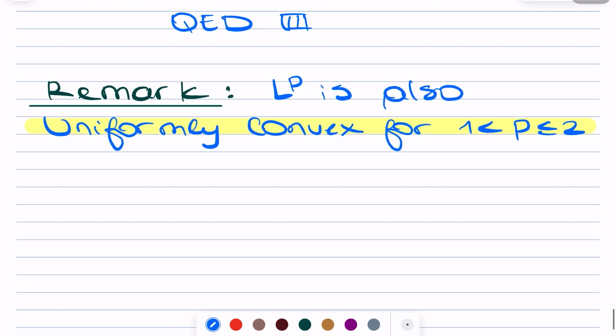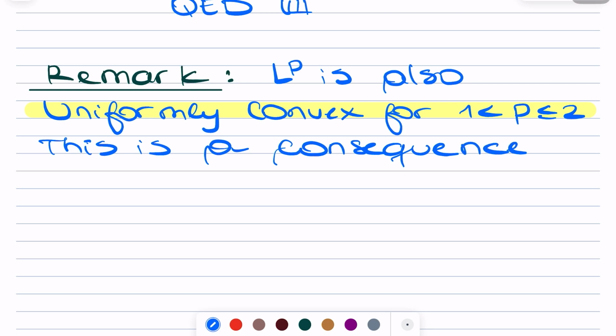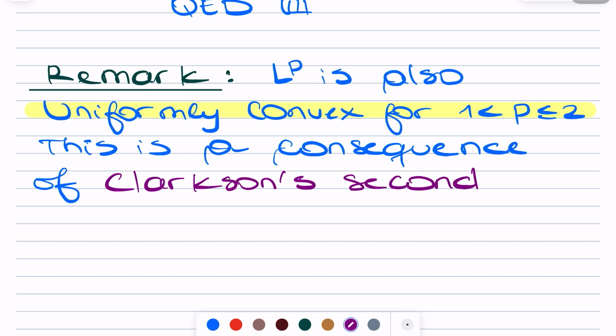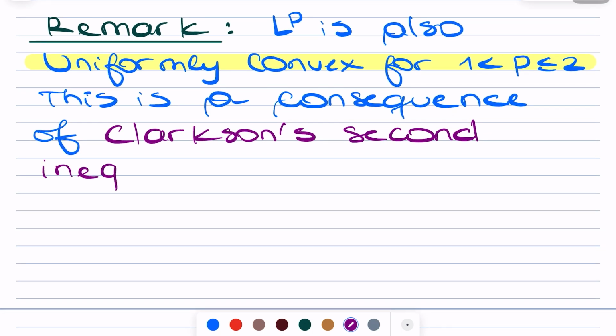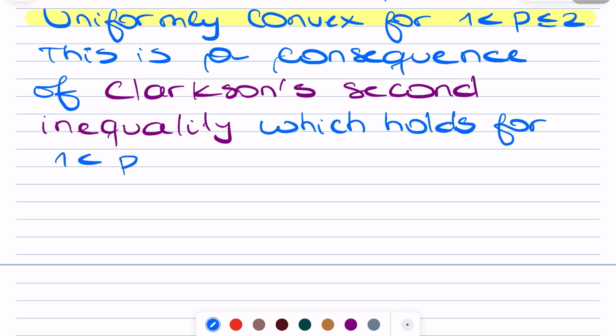This is just a consequence of Clarkson's second inequality, which holds for p between 1 and 2.